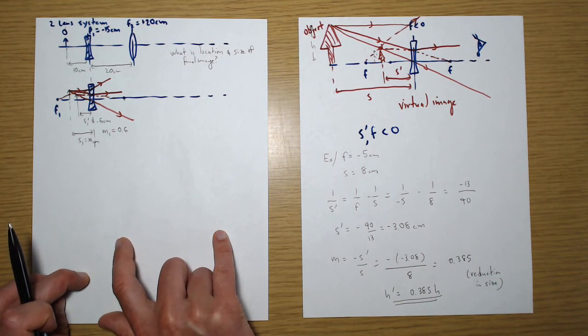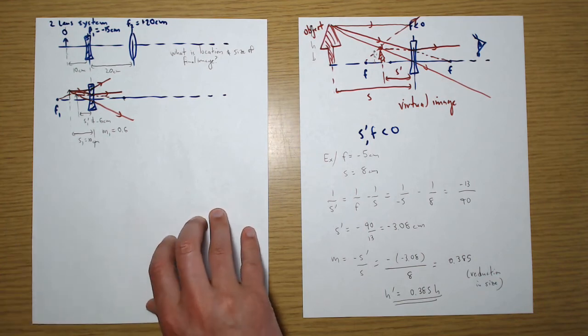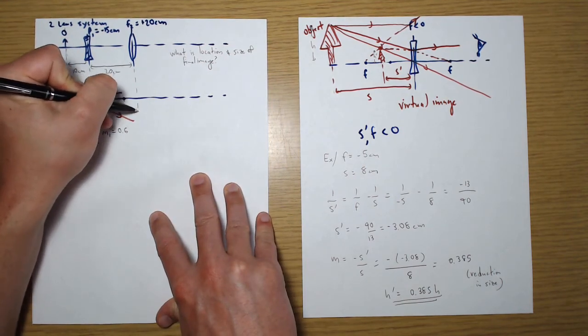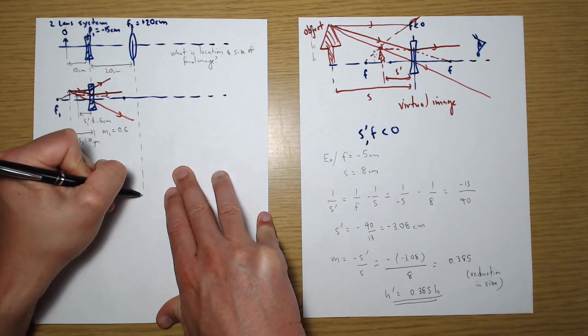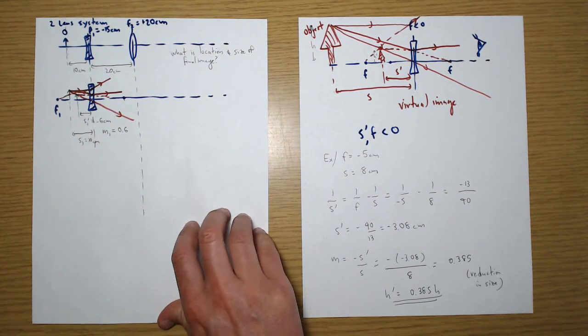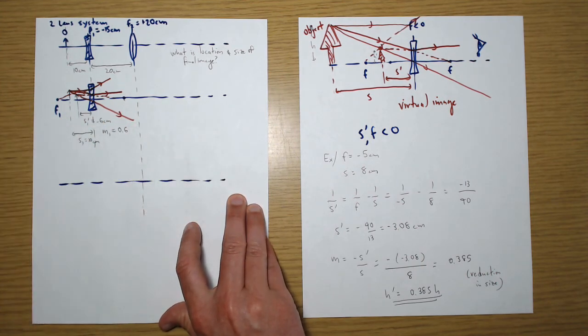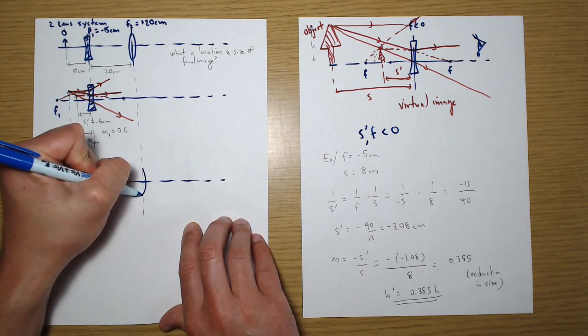All right, now comes the trick: we're going to look at the second lens. So I'm going to extend the lens plane for the second lens downwards, and I'm going to sketch the optical axis. And here's my converging lens.